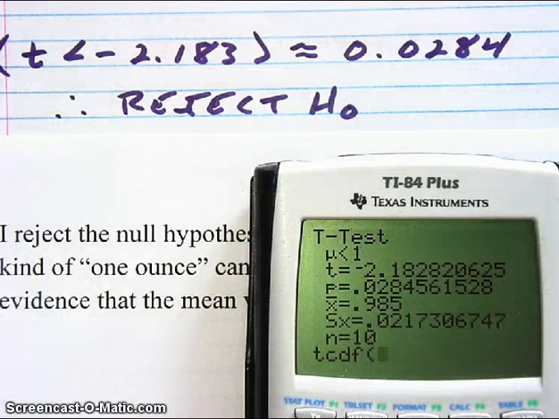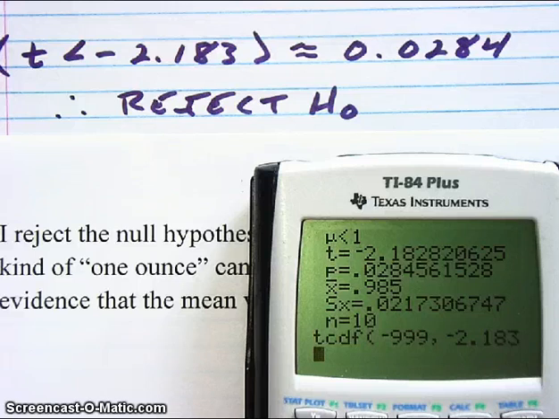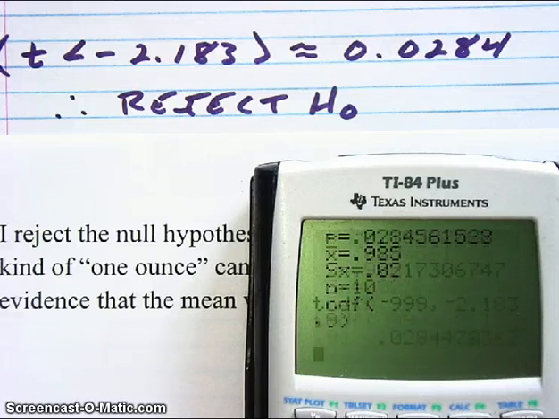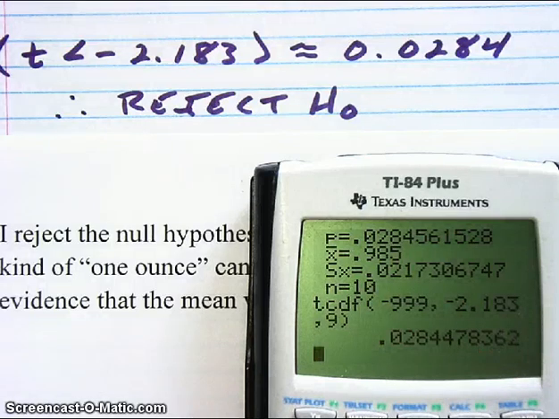So since we're looking at a left tail here, we put in negative 999, then we would put in our negative 2.183 for our t-statistic, and then we would have 9 degrees of freedom, and we put that in, and then this will calculate the p-value for you. So that's another way you can do it. So you have options. The calculator is very powerful, and it can do a lot of these different things.